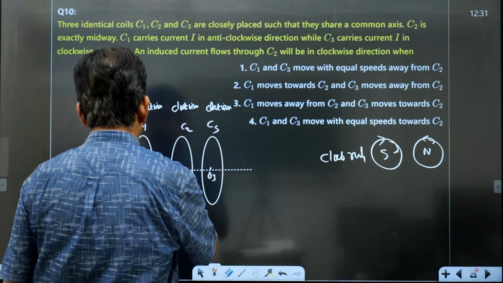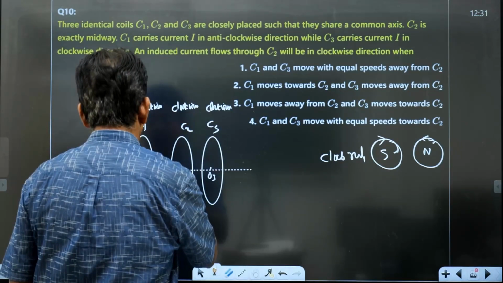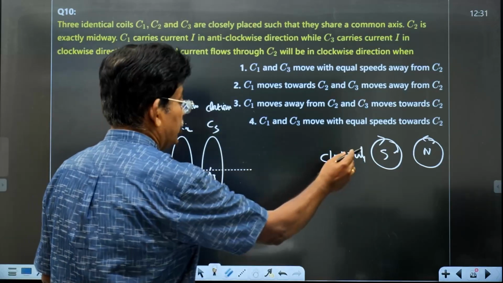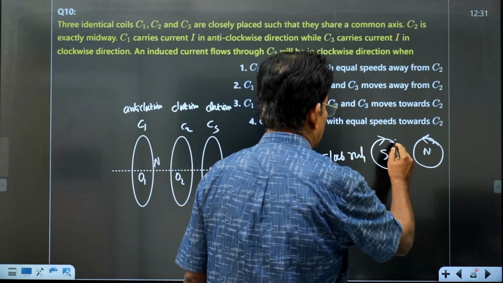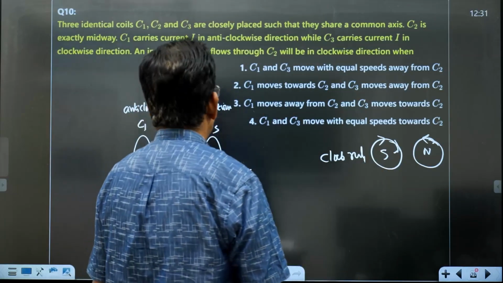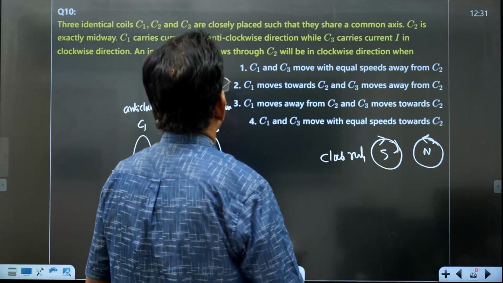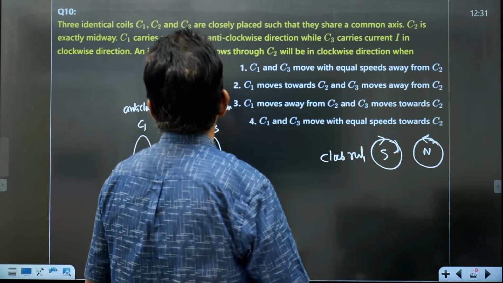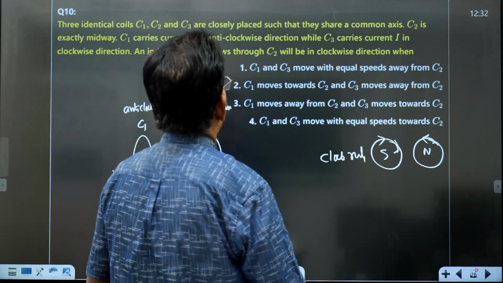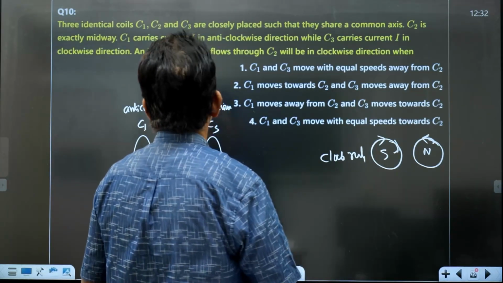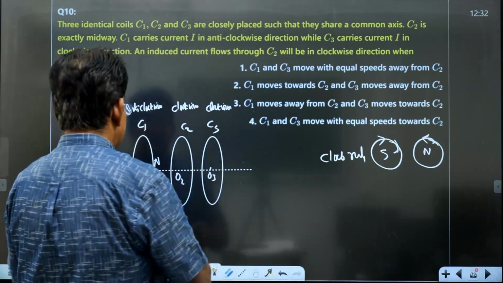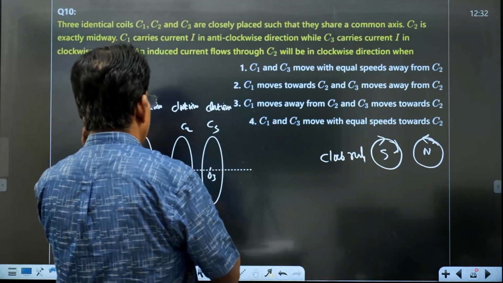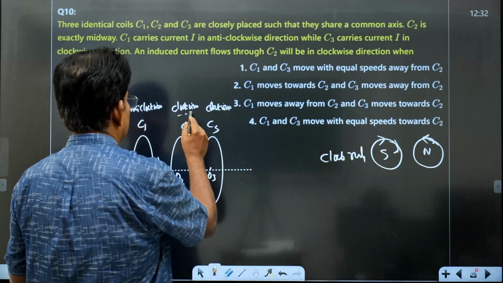So that side will appear as a north pole using the clock rule, because the current is in anti-clockwise direction. Now, what is happening? Due to the varying current, an induced current is developed in C2. Induced current is in clockwise direction.